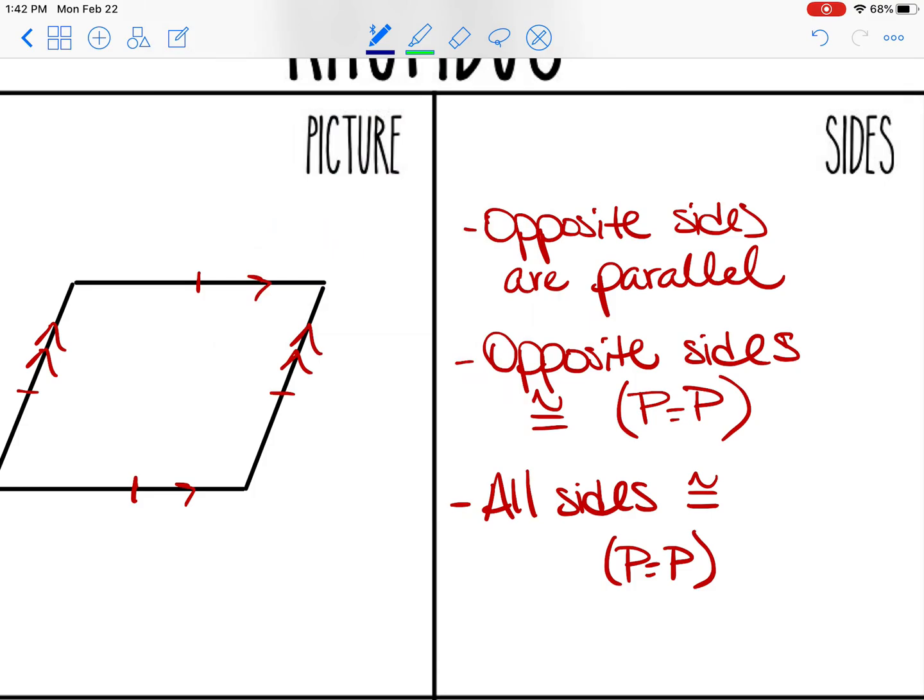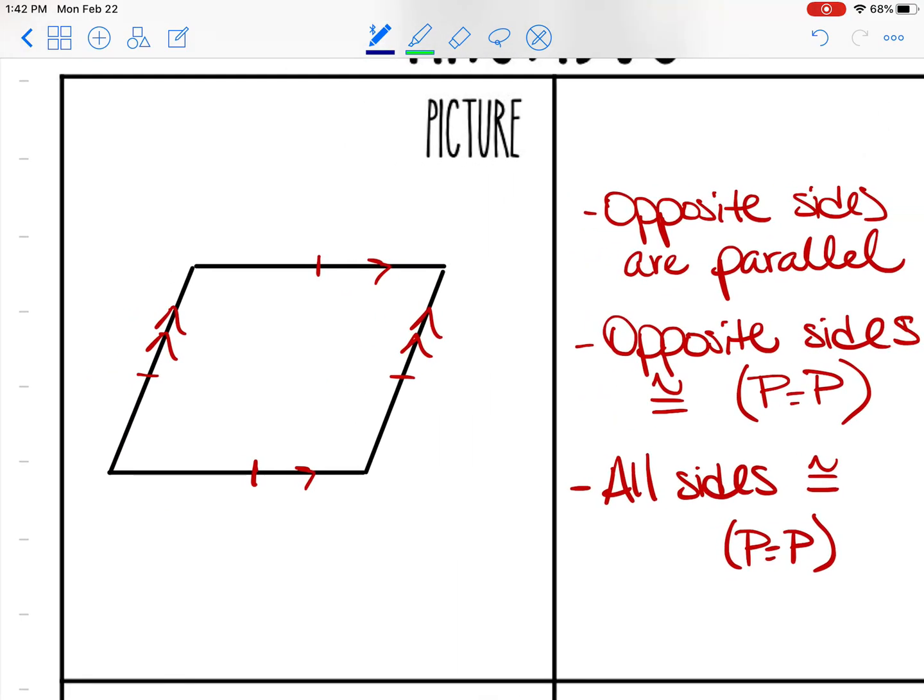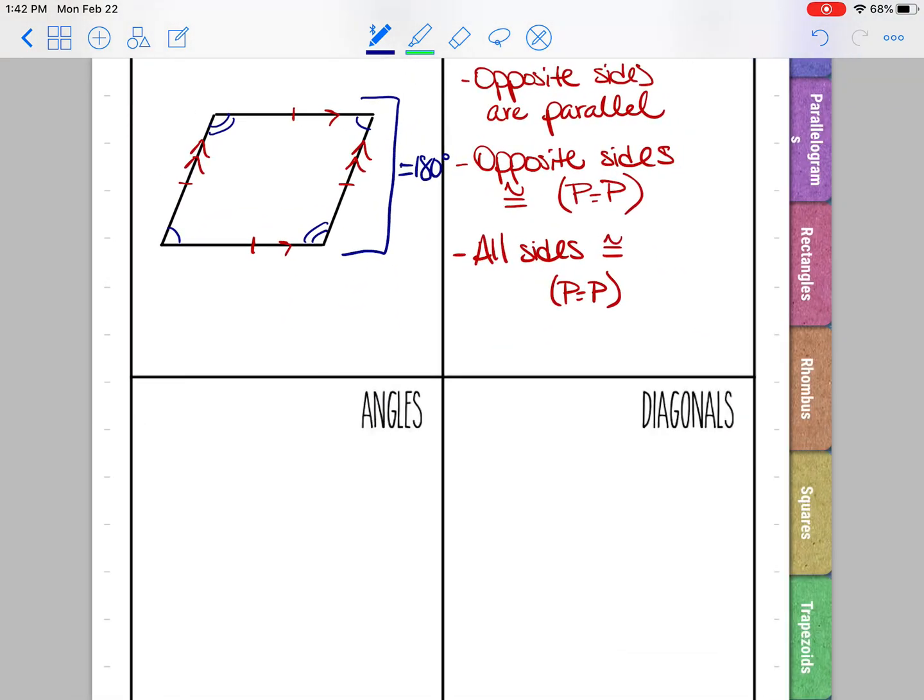Okay, let's look at our angle characteristics. We know our passed down characteristics are that the opposite angles are congruent, so those two are congruent, and these two are congruent. And our consecutives are supplementary, so they add up to 180. And that's all there is for a rhombus. There's nothing new about an angle for a rhombus, so we can just write those down.